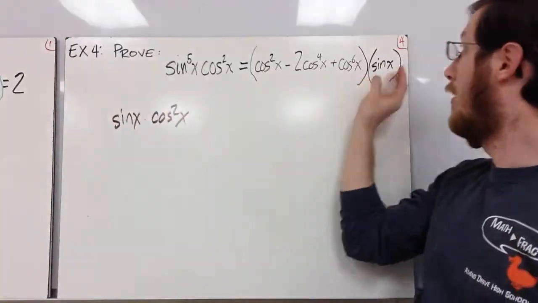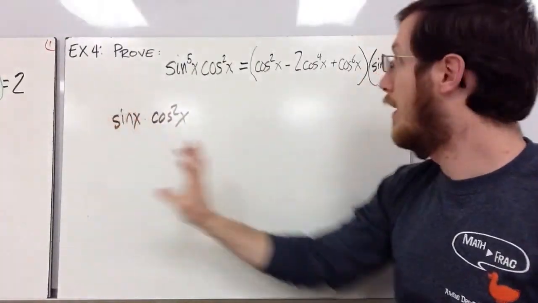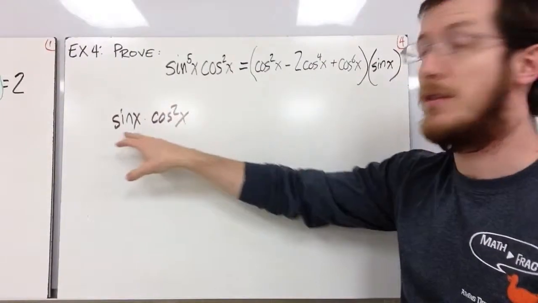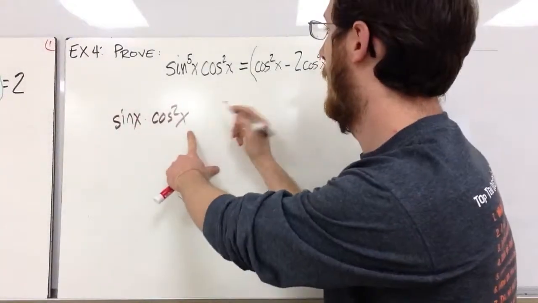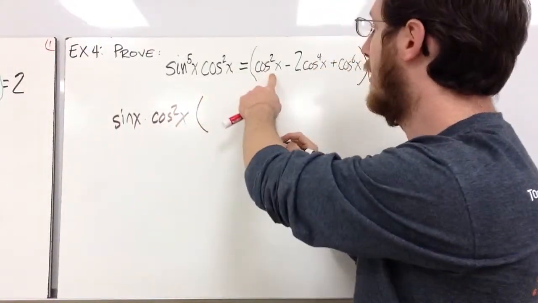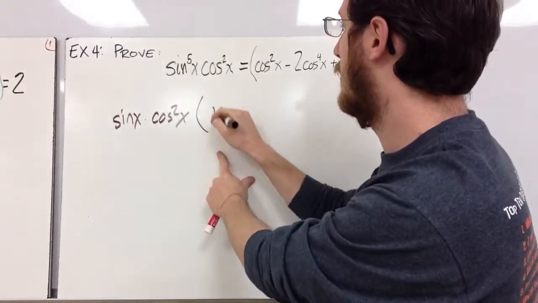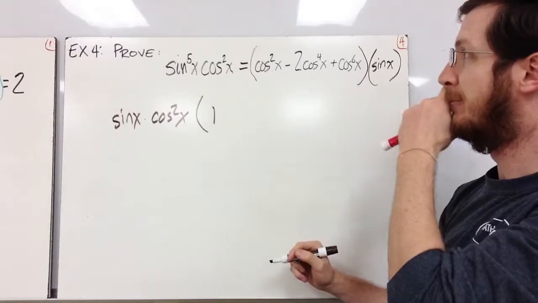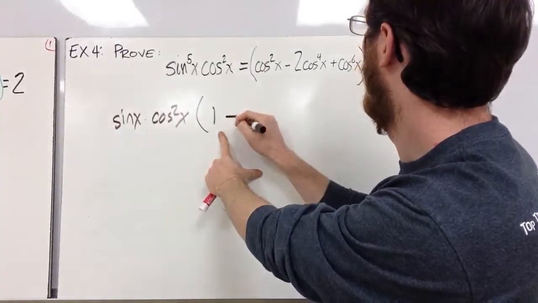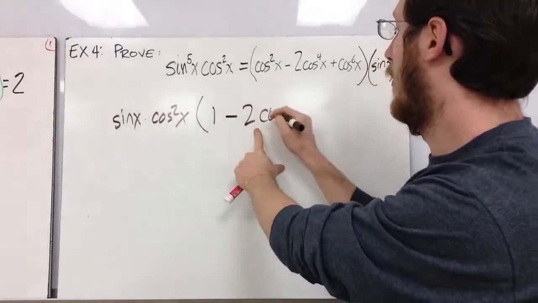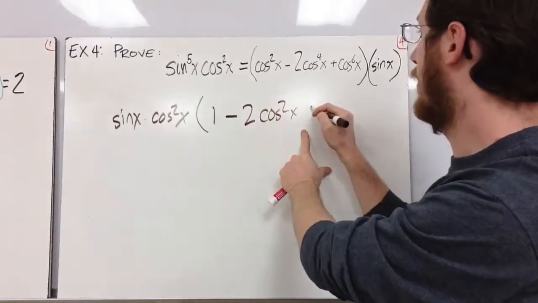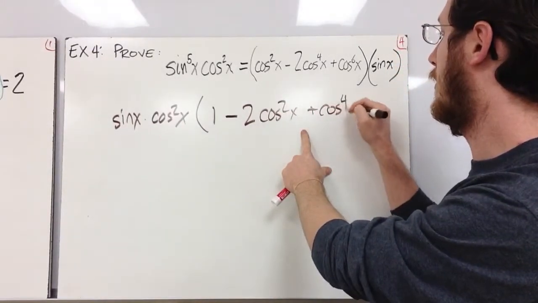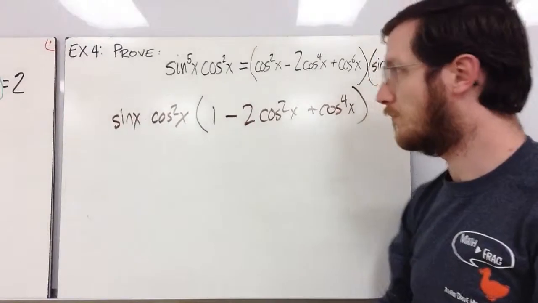This is already, just by moving this to the front, and by factoring out that cosine squared, this is already looking good. Okay, and then factoring out cosine squared, that's going to be 1 minus 2 cosine squared of x plus cosine to the 4th of x.